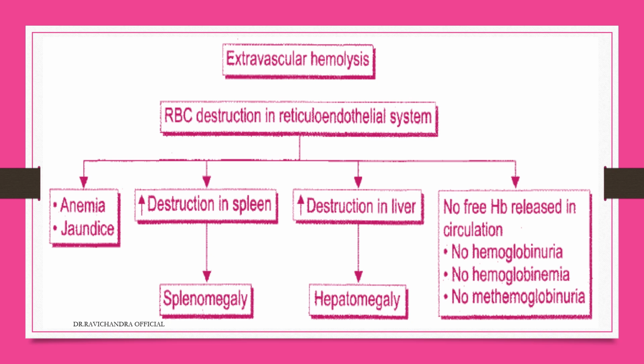In extravascular hemolysis, as there is no free hemoglobin released in the circulation, there will not be any hemoglobinemia, hemoglobinuria, hemosideronuria, methemoglobinuria or methemoglobinemia. This is the characteristic difference between intravascular and extravascular hemolysis.